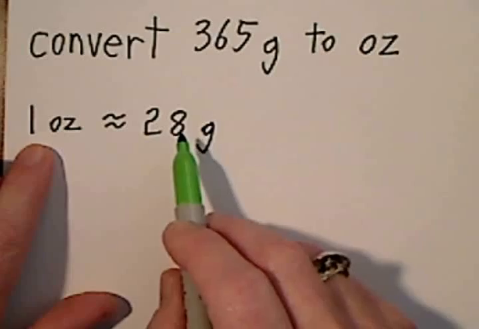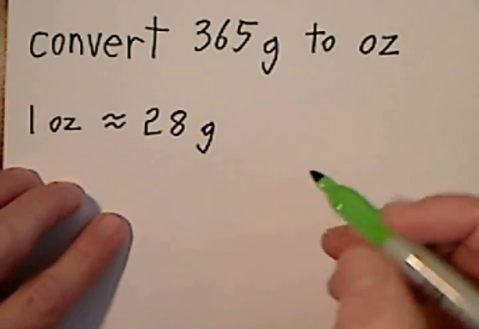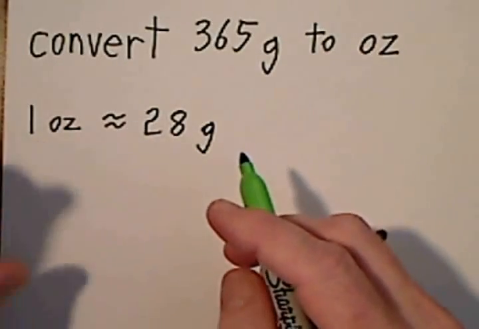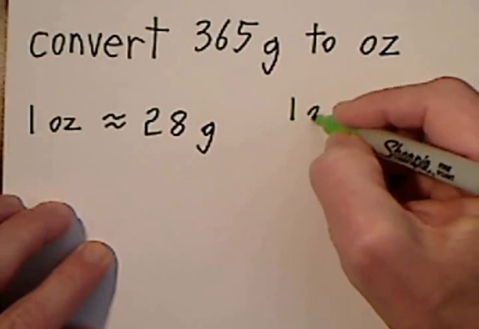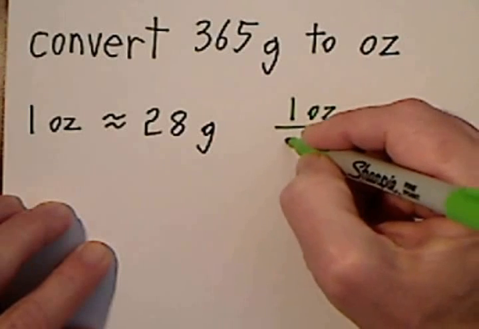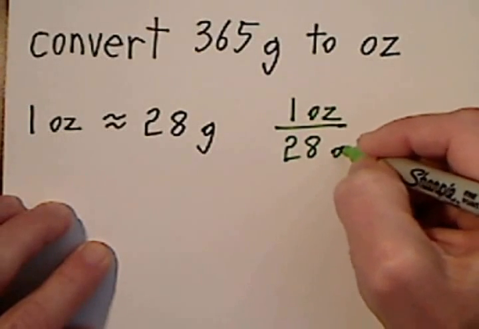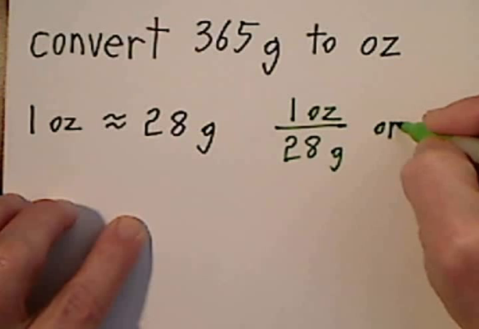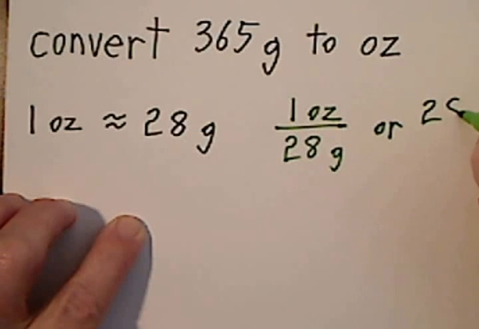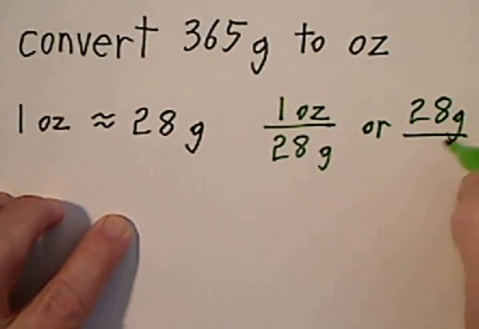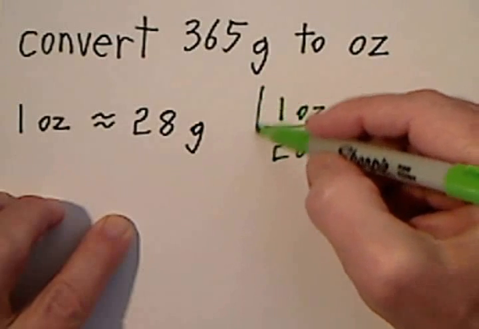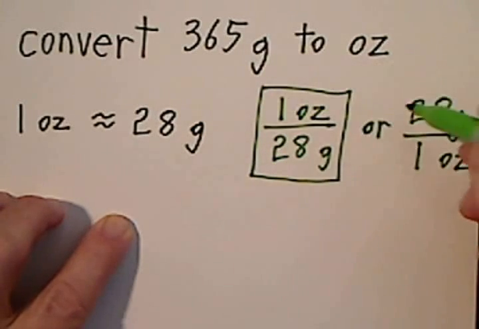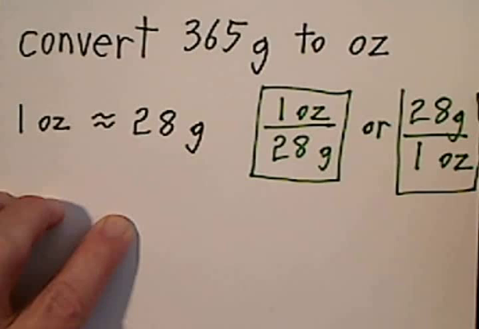Since 1 ounce is the same weight as 28 grams, anytime you have the same amount of stuff, if you put 1 ounce over 28 grams or 28 grams over 1 ounce, each of these is equivalent to a 1.